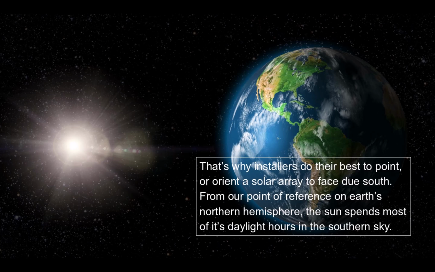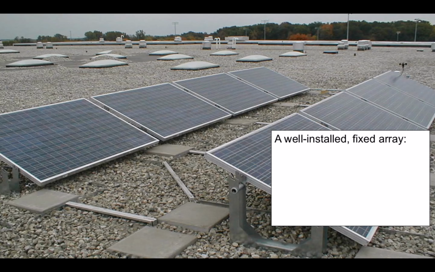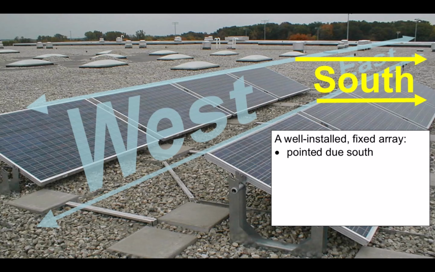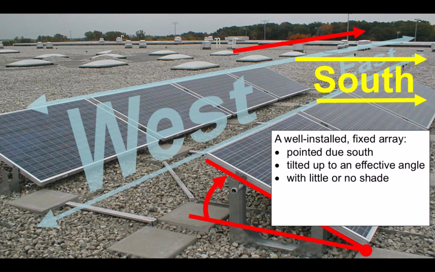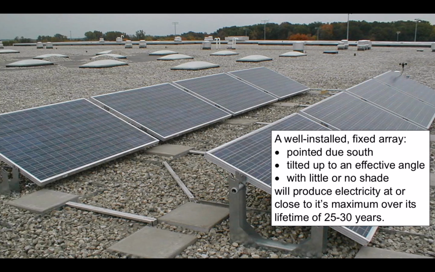From our point of reference on Earth's northern hemisphere, the sun spends most of its daylight hours in the southern sky. A well-installed fixed array, pointed due south, tilted up to an effective angle, with little or no shade, will produce electricity at or close to its maximum over its lifetime of 25 to 30 years.